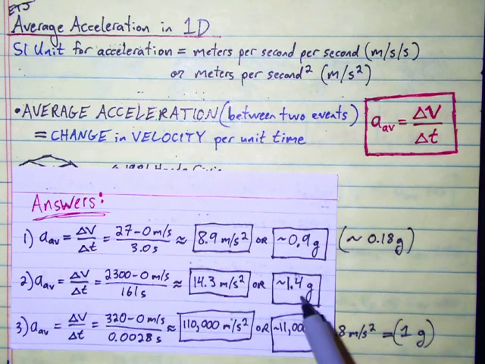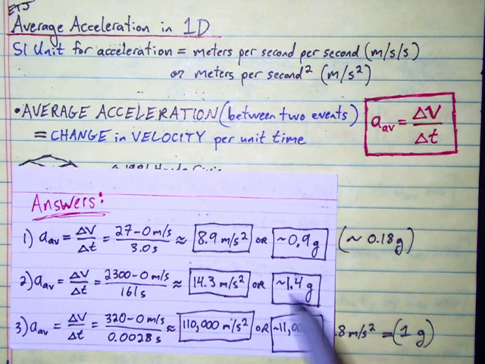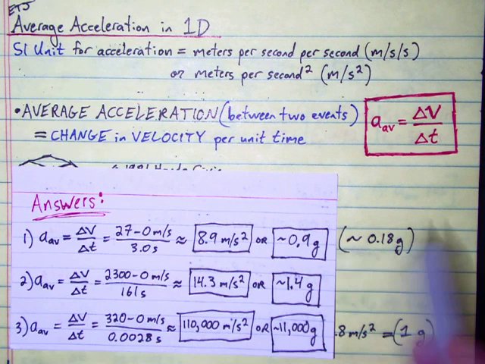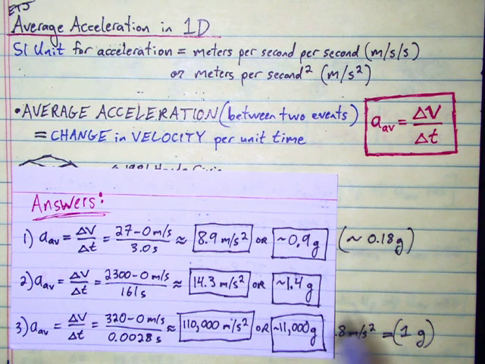Our Saturn V rocket, however, beats it. The Apollo astronauts experienced 1.4 g's on liftoff, a greater acceleration than from falling. And a bullet, however, experiences about 11,000 g's in the barrel of a rifle. If you experienced that many g's, you would be liquefied.